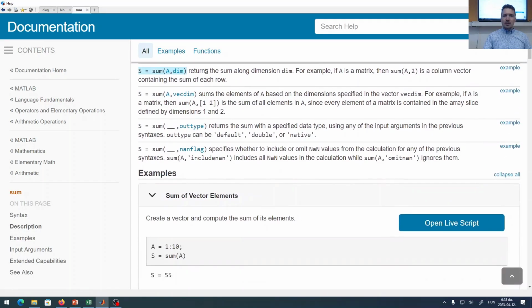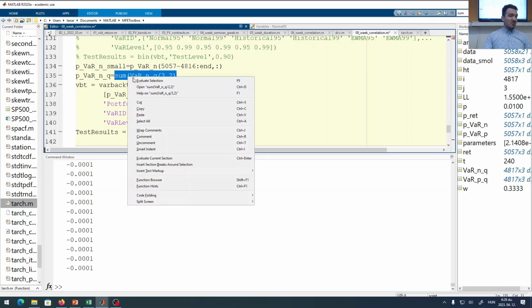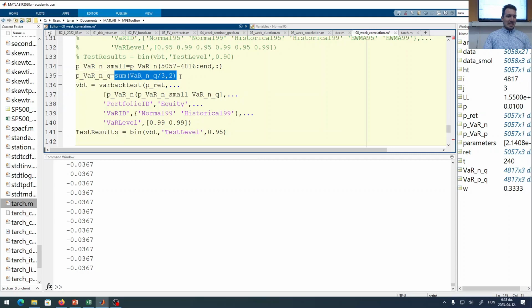Dimension. Okay, cool. And then just divide it by 3, and after that it will sum it up. Okay.